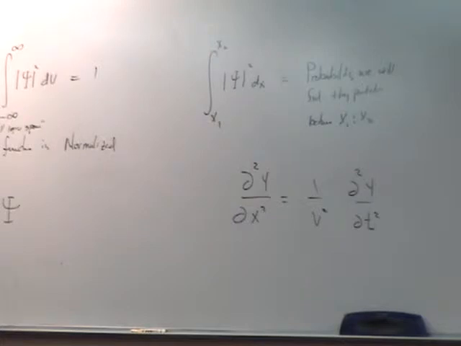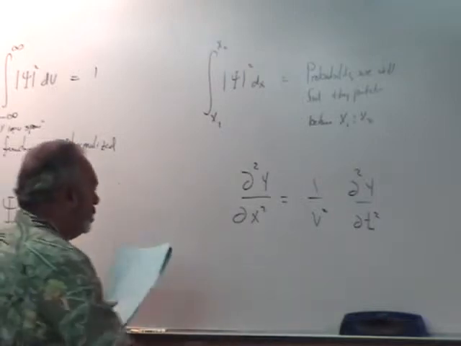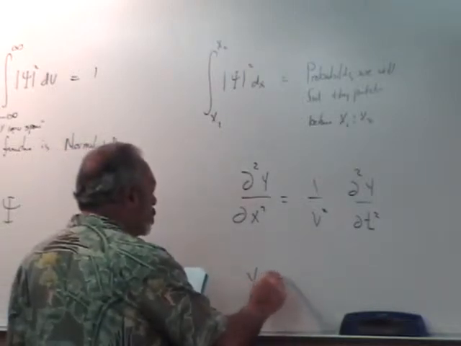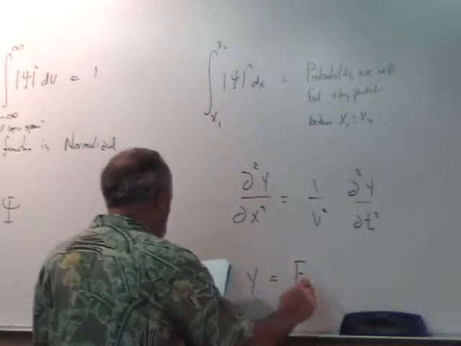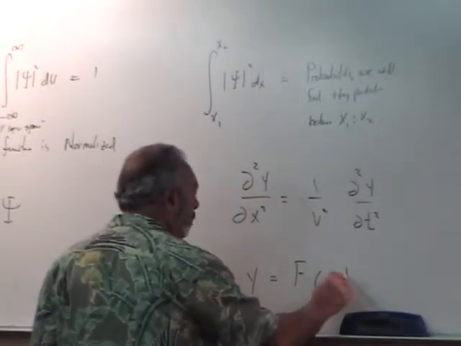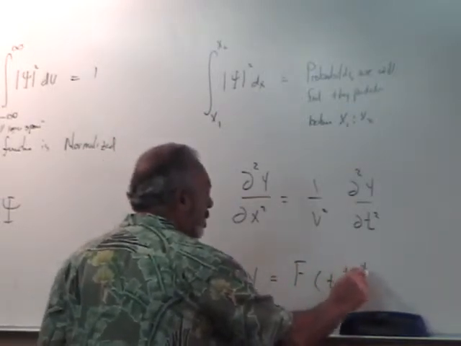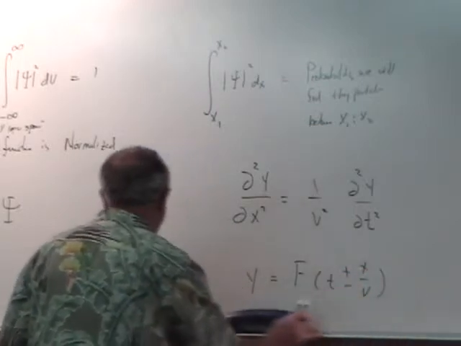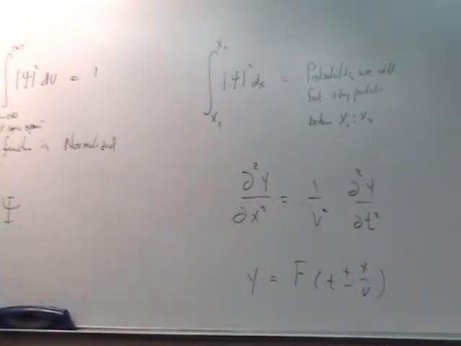And y was the wave function that we dealt with. You remember we had that y was some kind of a function of t plus or minus x over v. And I think we used cosine, didn't we? And we played around with that a little bit.